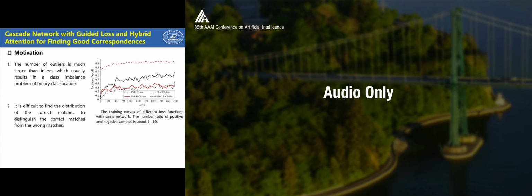As shown in Figure 1, we trained the same network with two commonly used loss functions, including cross-entropy loss and instance balance cross-entropy loss, on a class imbalance dataset, and present the training curves of precision and recall.